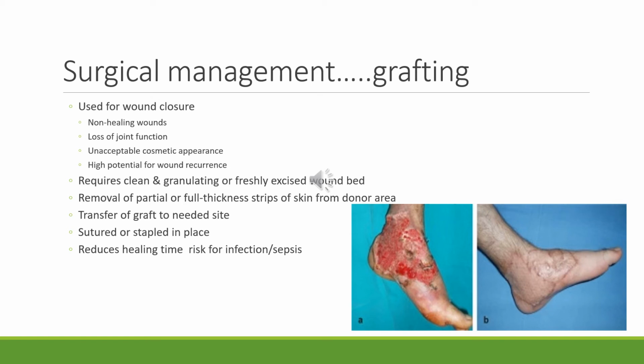It does require a clean and granulating, freshly excised wound bed, so the procedure we just talked about prior. Removal of partial or full thickness strips of skin from the donor area is the process, and then it's transferred to the graft site as needed, and then sutured or stapled in place. This does reduce healing time, and risk for infection and sepsis is much less.